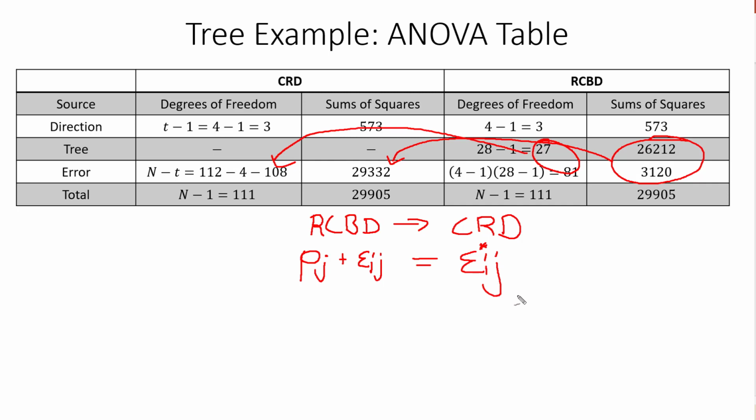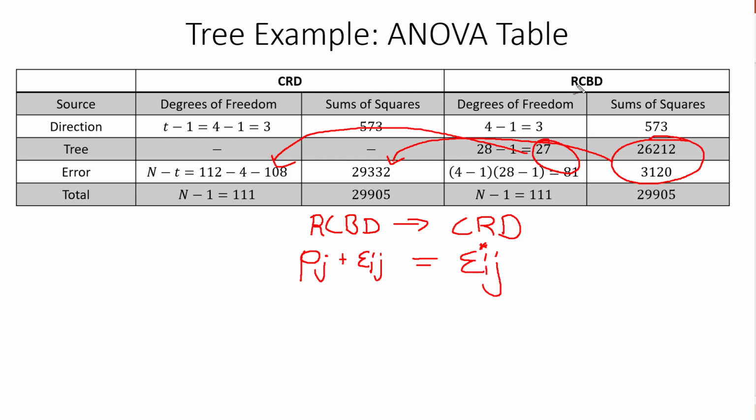So if the blocks themselves don't explain much of the differences that we see, meaning doing a randomized complete block design isn't beneficial, this term would be small, but you're going to lose some degrees of freedom. So your mean squared error for a completely randomized design could be smaller than it would be for a randomized complete block design.